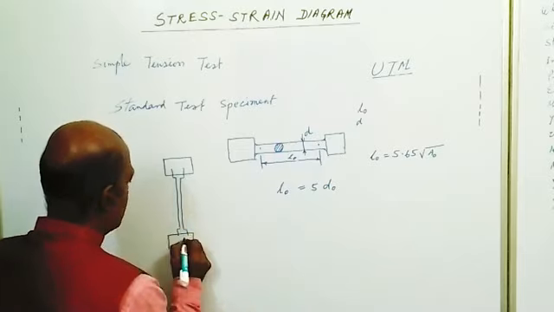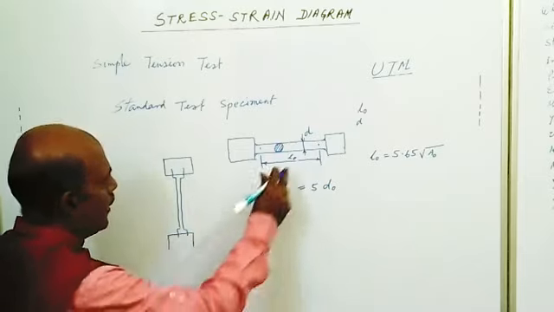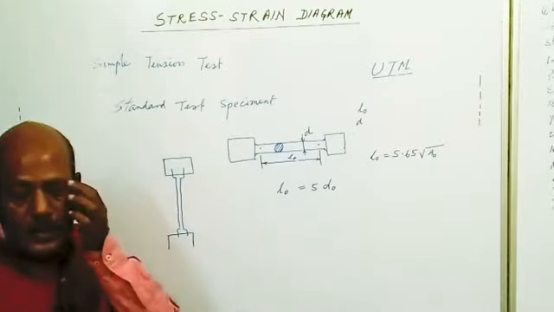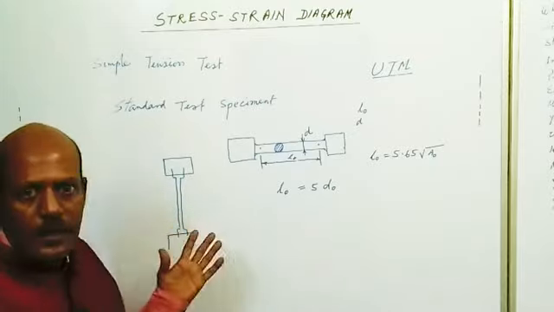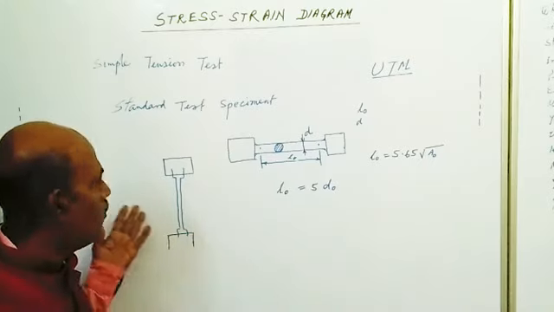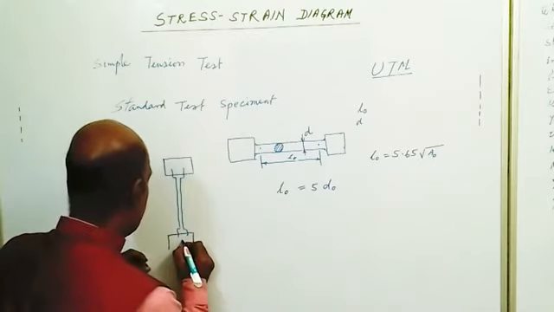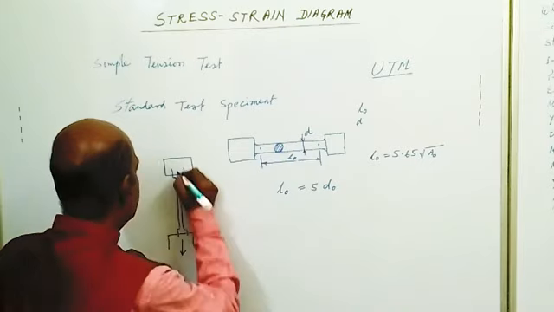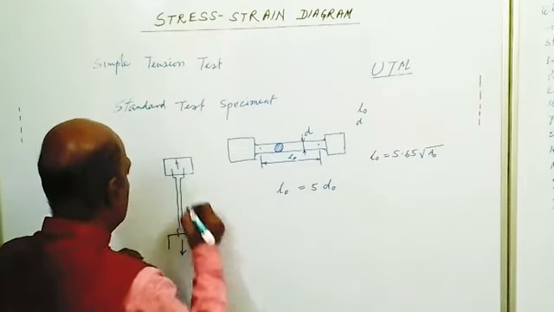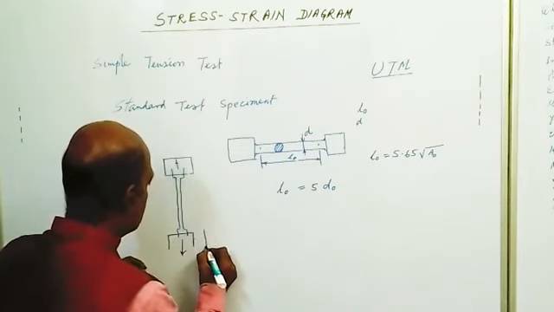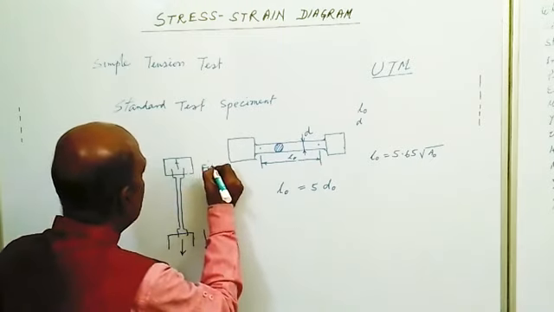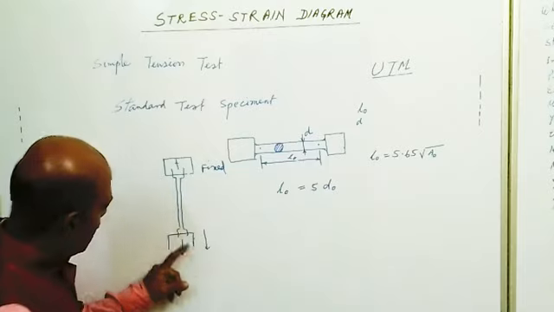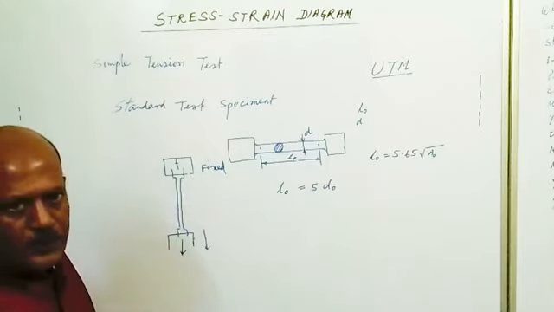In the UTM machine, that is the universal testing machine, provision is there so that with the help of hydraulic force the load is applied over the body. The upper jaw will remain in a fixed location and the lower jaw will come down slowly.